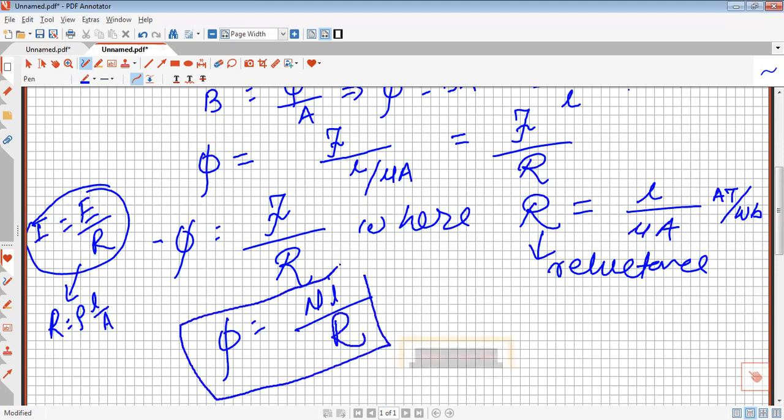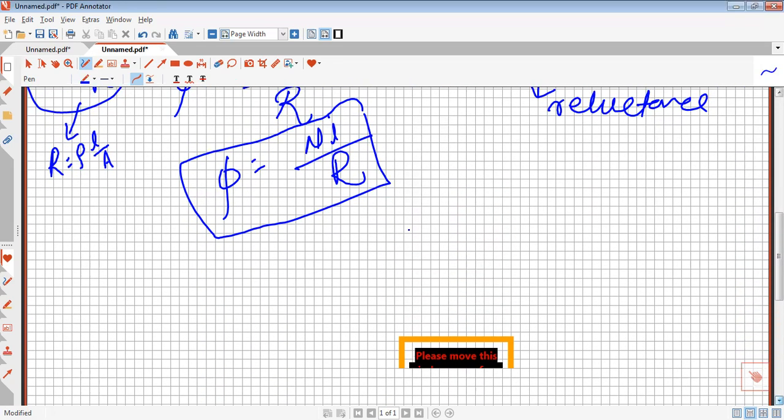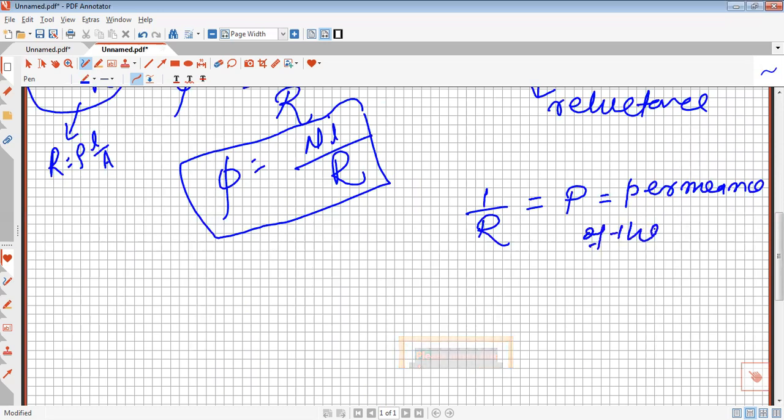This is a very similar relation to what we have already studied in the magnetic circuit. Now 1 by R, the reciprocal of reluctance, is denoted by P and is called the permeance of the magnetic circuit.